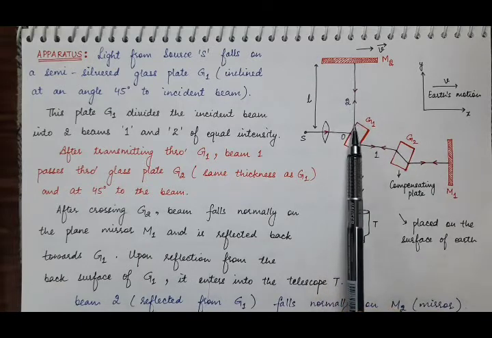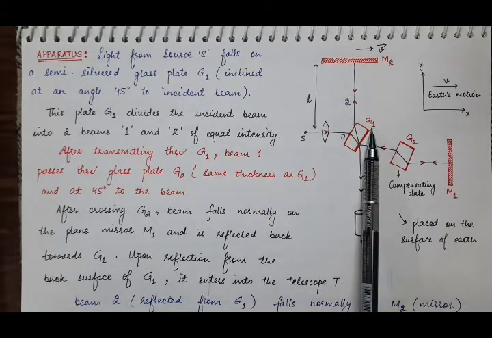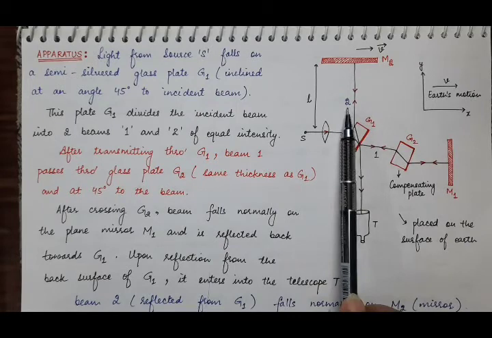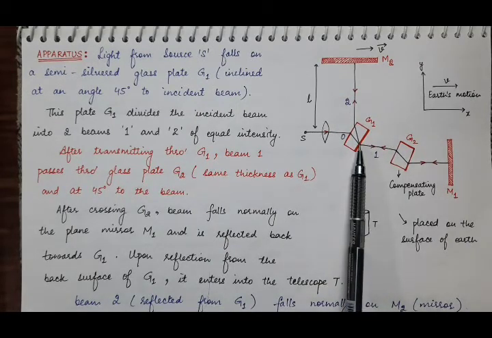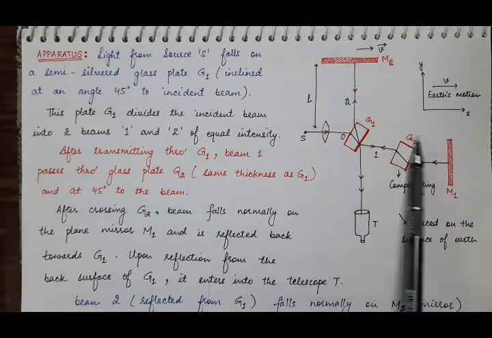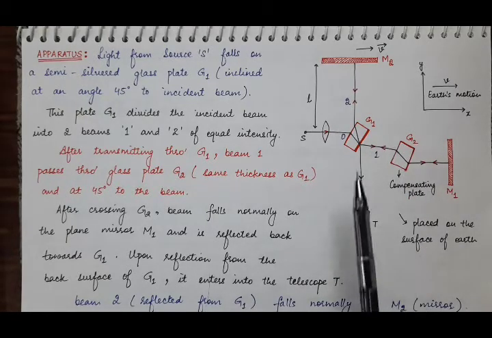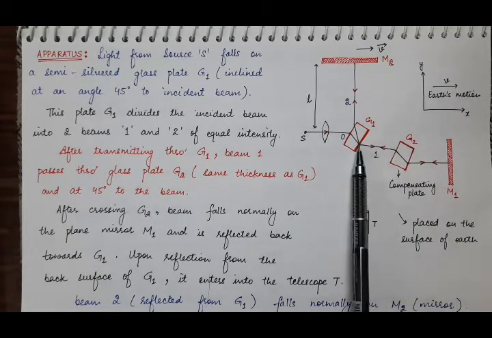Then it is again passing through this glass plate G1. It means this beam number 2 is passing through this glass plate G1 two times, after suffering reflection from its back surface.